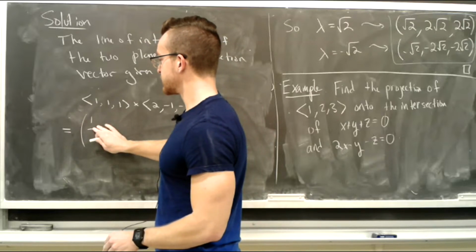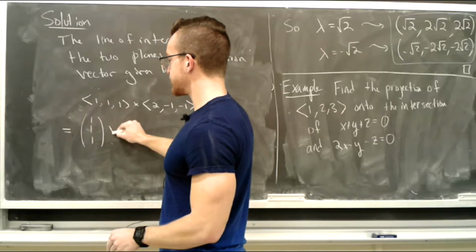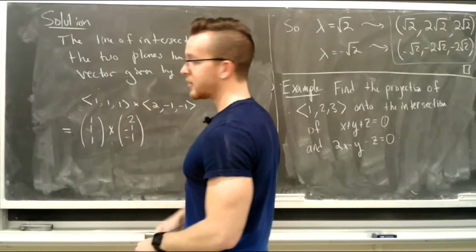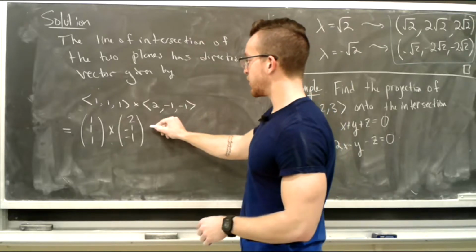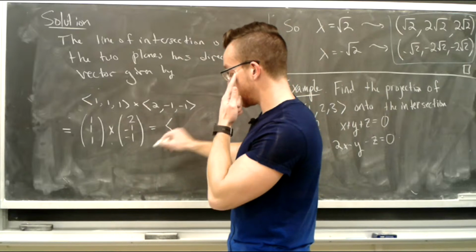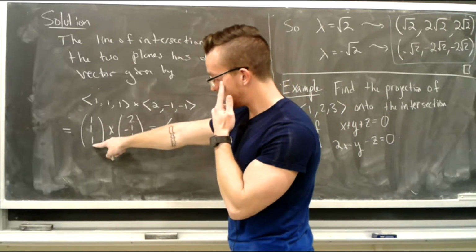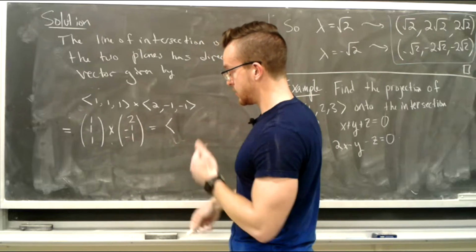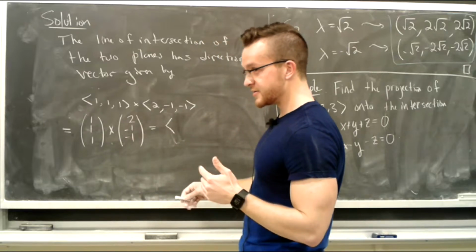So how do I do this? Let me just do it really quickly. And like I said, you can do whatever you want. You can do the whole i, j, k thing if you want. The cross product is going to be the vector negative 1 minus negative 1 is 0.